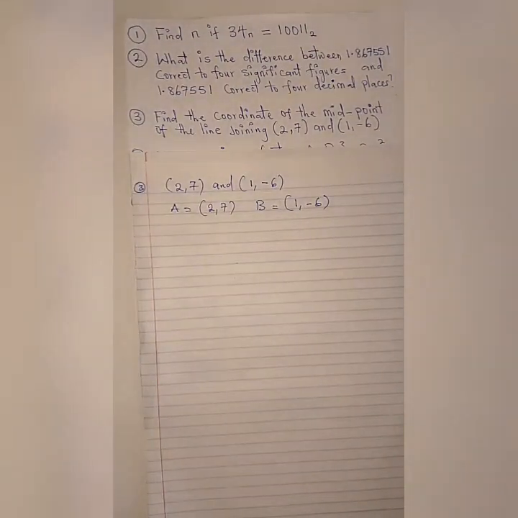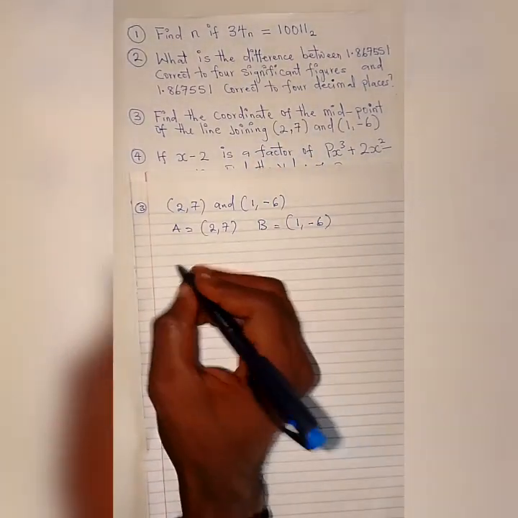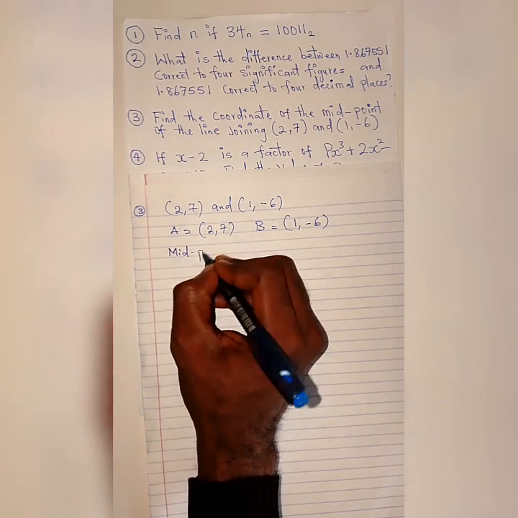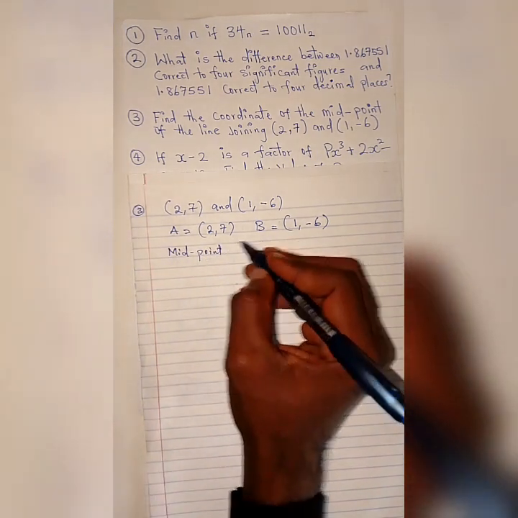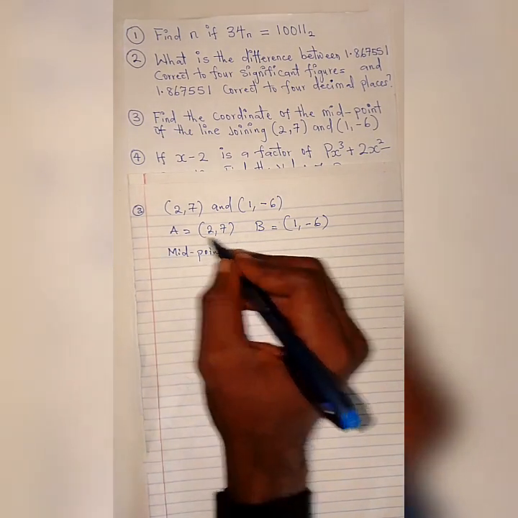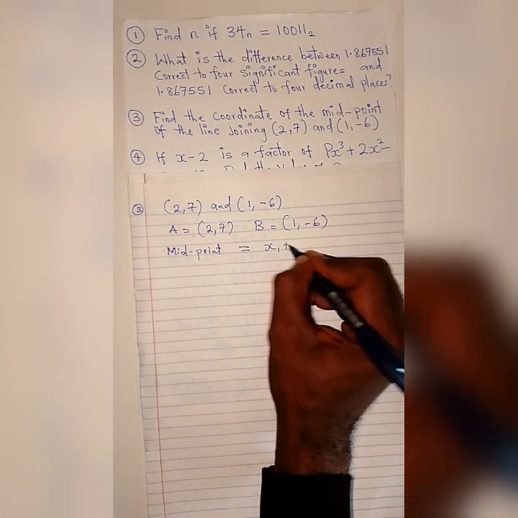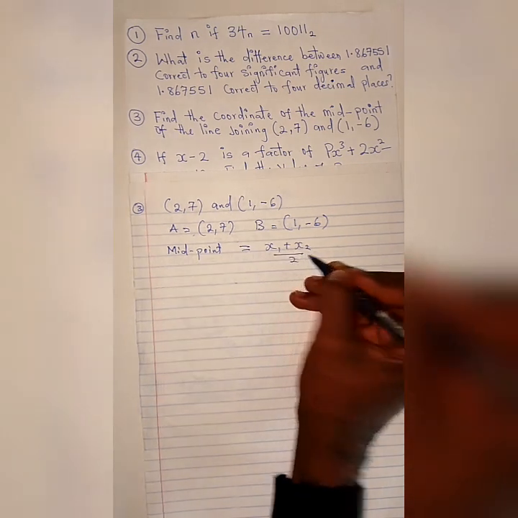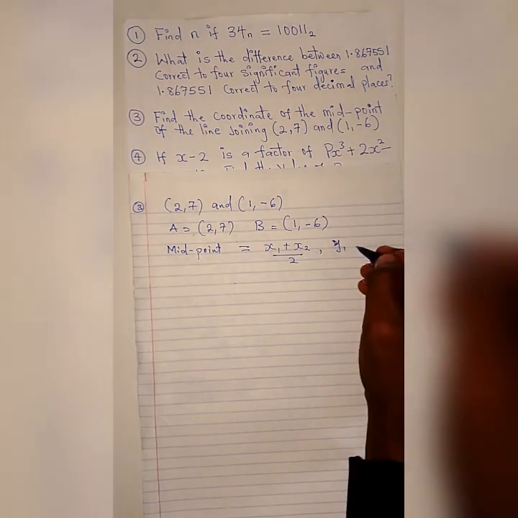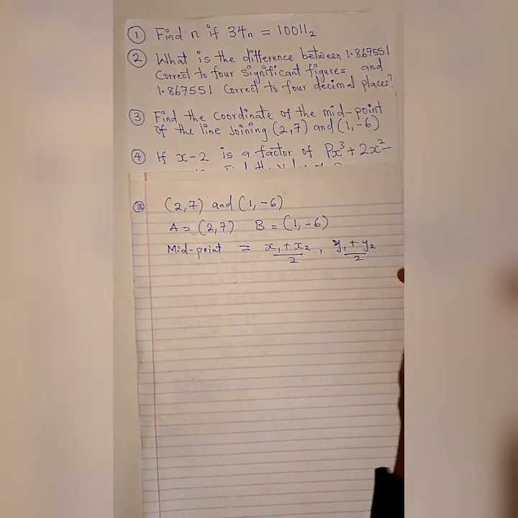Now, how do you find the coordinates of the midpoint of 2 points? The midpoint of the line joining 2 points is given as x1 plus x2 all over 2, comma, y1 plus y2 all over 2.